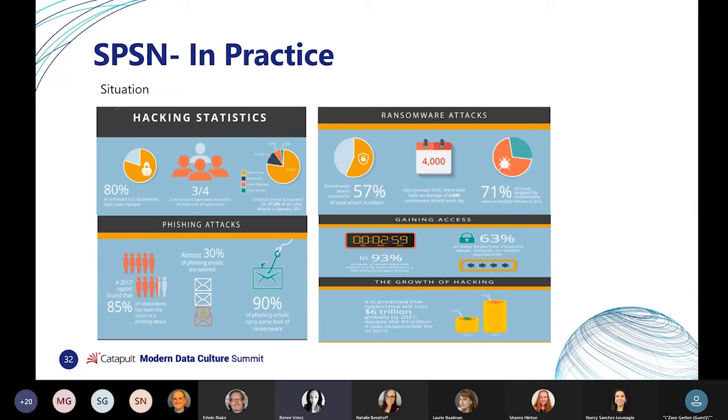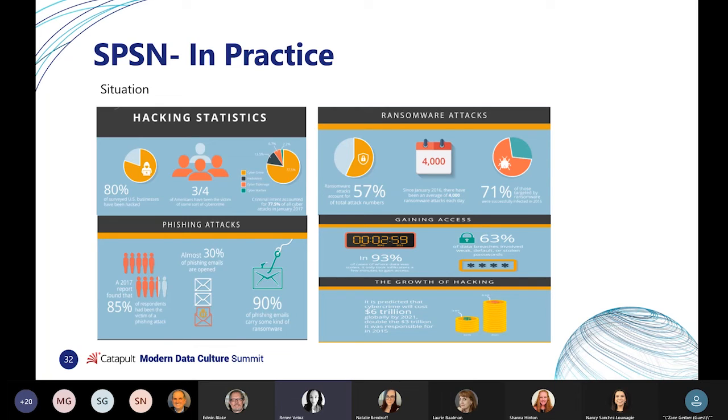And then underneath, it kind of gives you different statistics on the different types of attacks. So ransomware attacks made up 57% of that number. And then 71% of those targeted by ransomware were successfully infected in 2016.